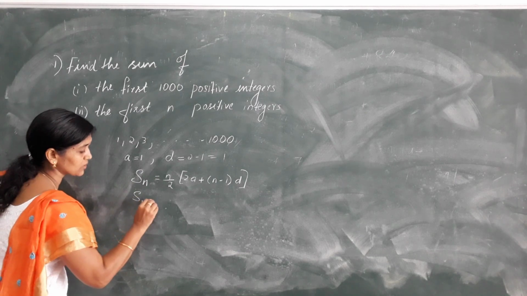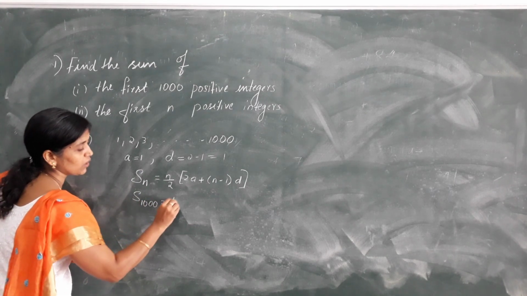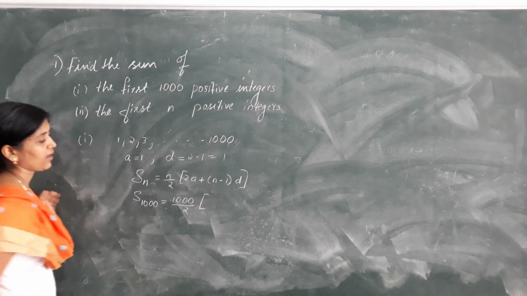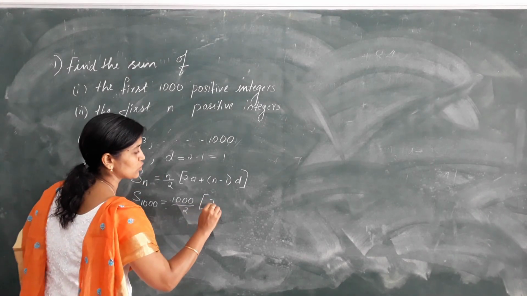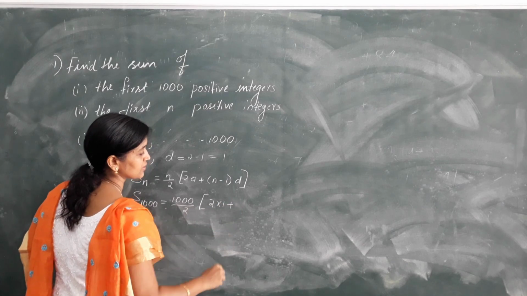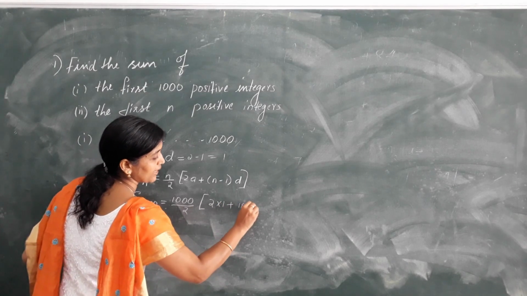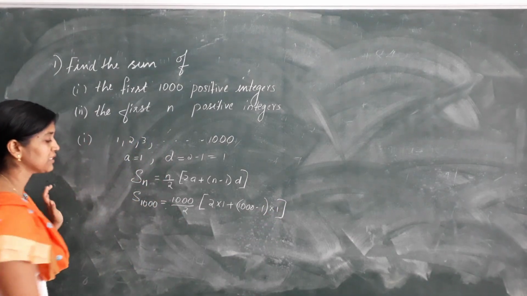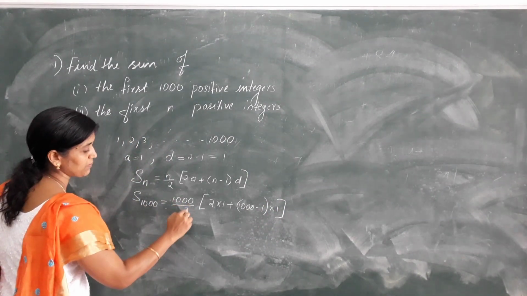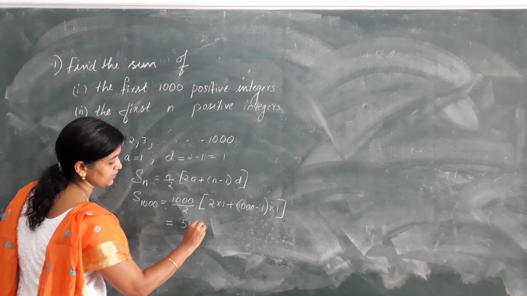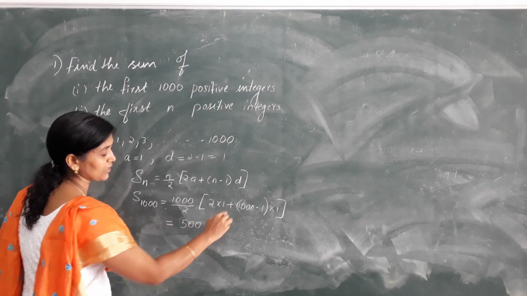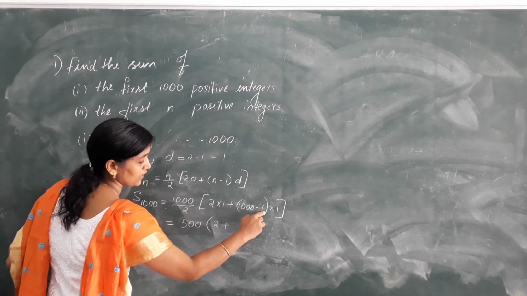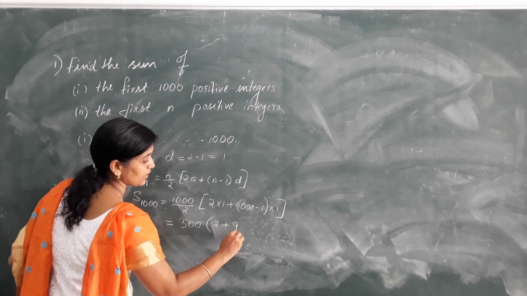So S1000 is equal to 1000 by 2 into 2a, a is 1, that is 2 into 1, plus 1000 minus 1 into d, again 1. Which means we get 1000 by 2, that is 500, into 2 plus 1000 minus 1, that is 999.